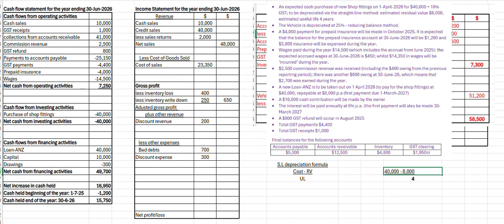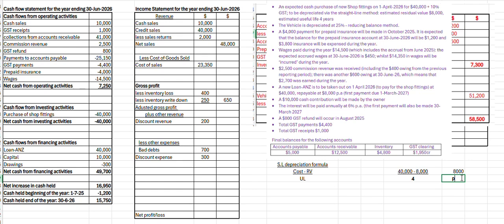Okay, let's just center that up. All right, so using the magic of Excel, let's just work that out, that if we go 40K cost minus 8K RV, and we divide that by 4 years, that equals $8,000 per annum.